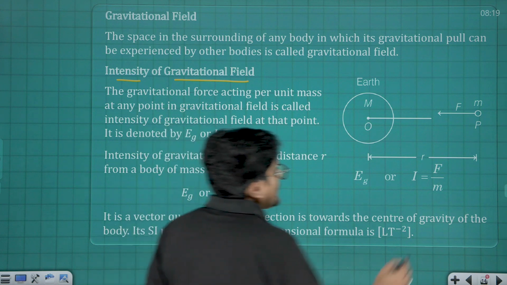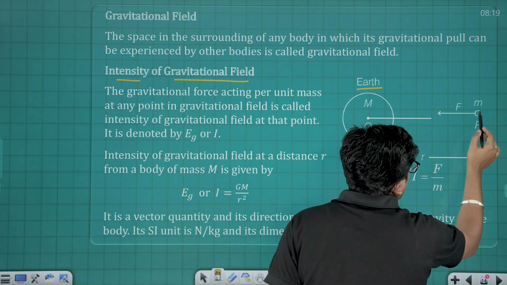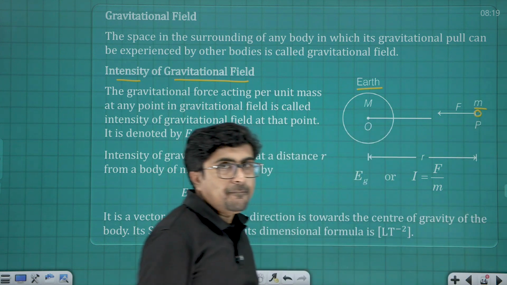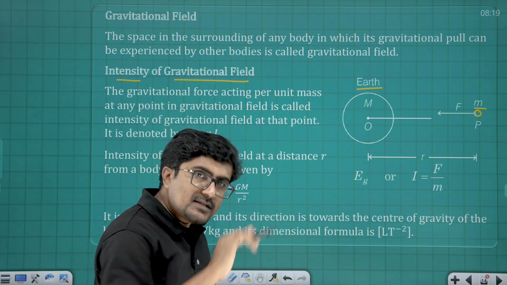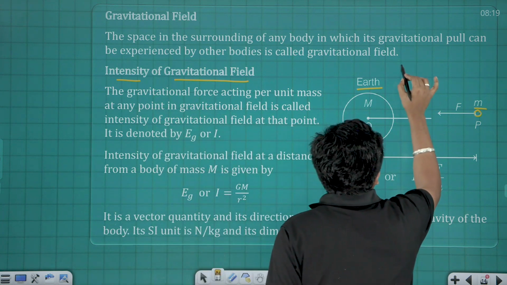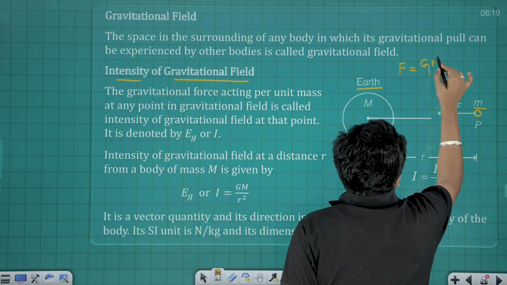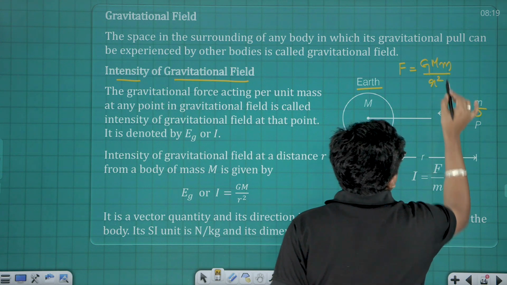For example, let us consider Earth, and within the gravitational field of Earth, let me consider a mass small letter m. The gravitational force experienced by this mass is going to be F equals capital G capital M small letter m upon R square.